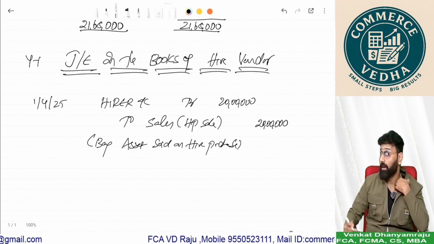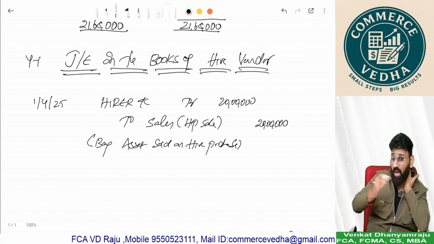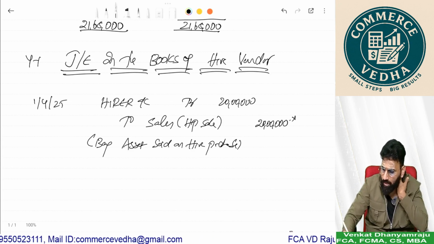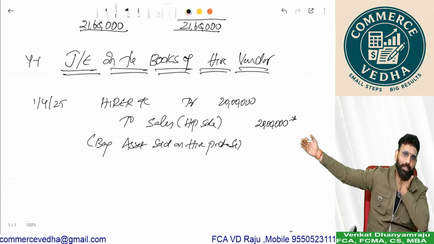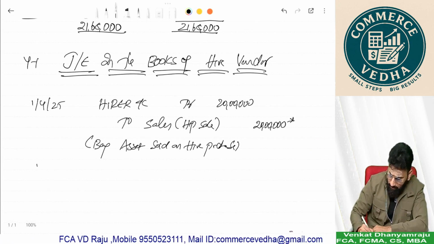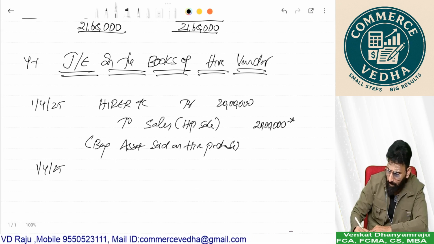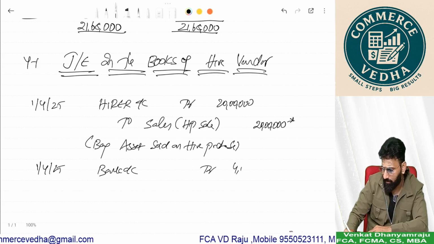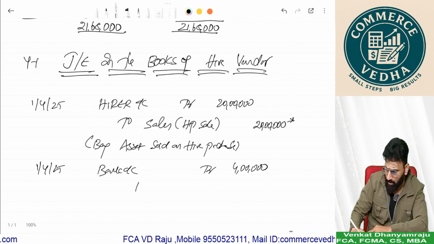Better for distinguishing between hire purchase sale and cash sale, I will write hire purchase sale because this won't be recovered immediately. It will be recovered in 4 years. And same day he also got bank account debit 4 lakhs to hirer.